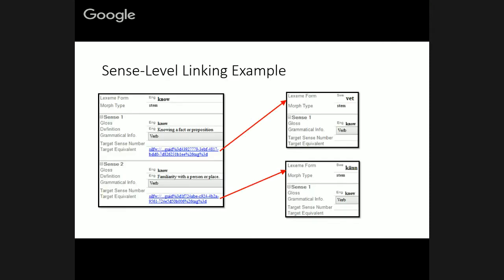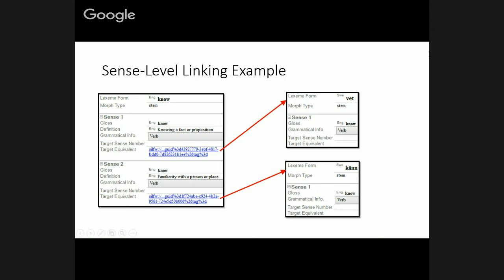Now how does the linking work? What I've set up is a requirement for two custom fields in your Flex entries, and the target equivalent that I have showing here could be called anything, but that's what I've called it. It has a URL link to the entries in the other project.